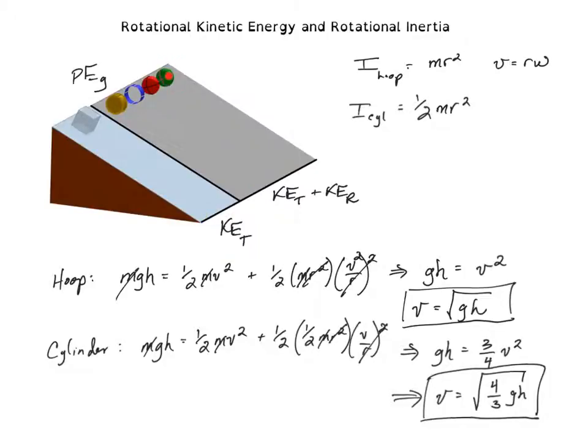Now, we could model this for a solid sphere and a hollow sphere as well. And what we're going to end up seeing is that this solid sphere has more mass located around its axis of rotation, so it's going to beat this hollow sphere down the ramp, once again because it has a lower rotational inertia.